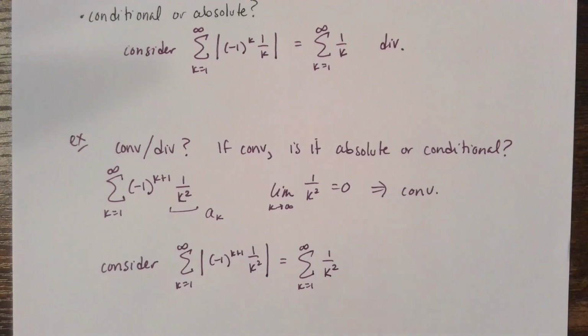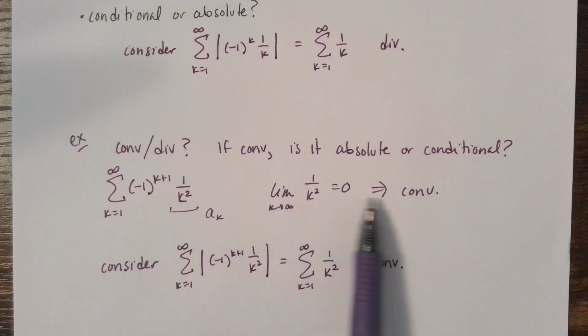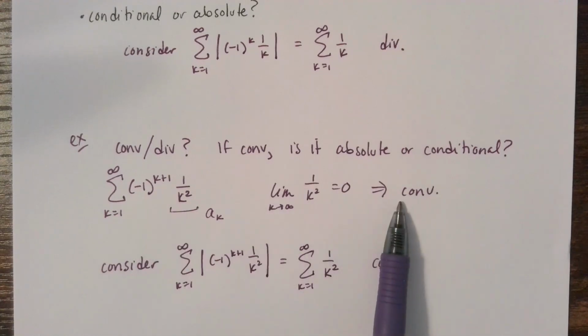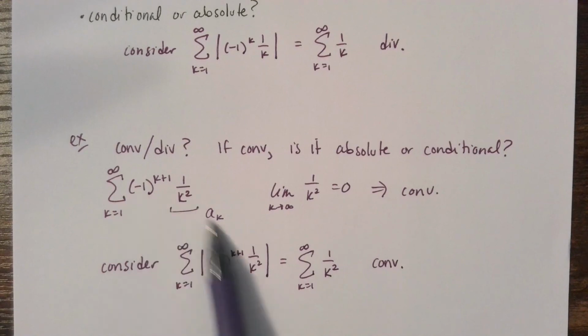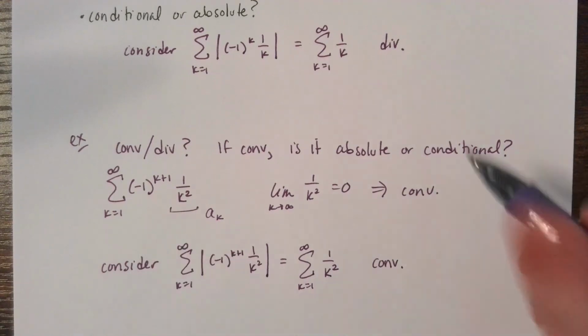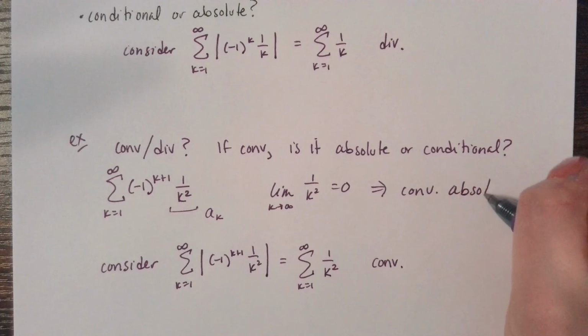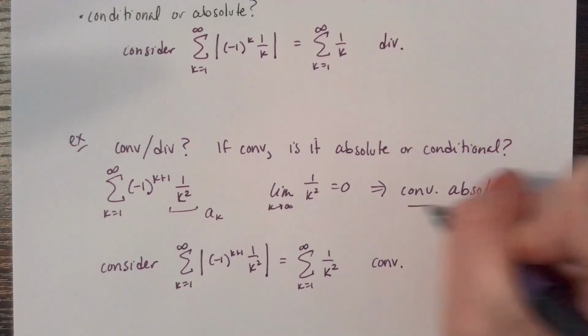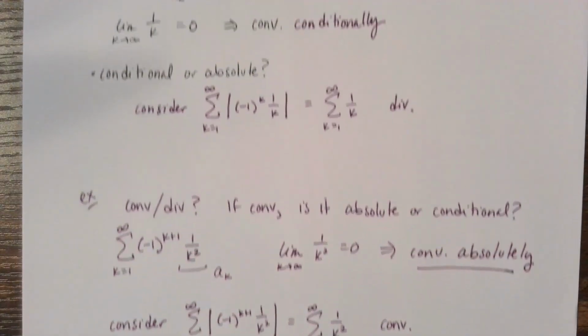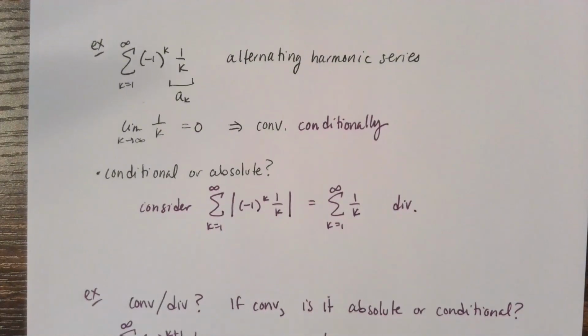Using the p-test, we can tell that this is convergent. So that tells us that the convergence of our original series was absolute, right? It converges with or without the plus-minus situation here. So this one, we would say this converges absolutely. Whereas the previous one only converged conditionally because the absolute value version was divergent.